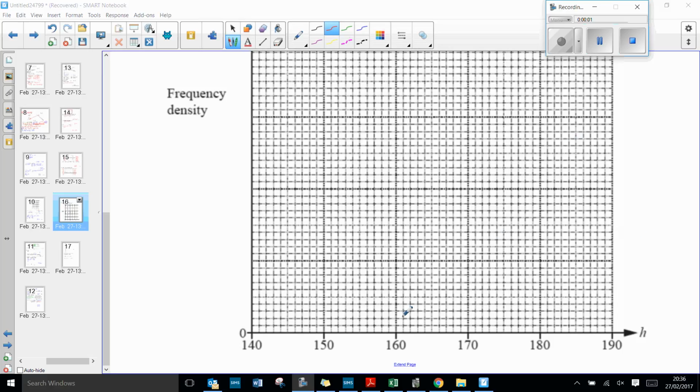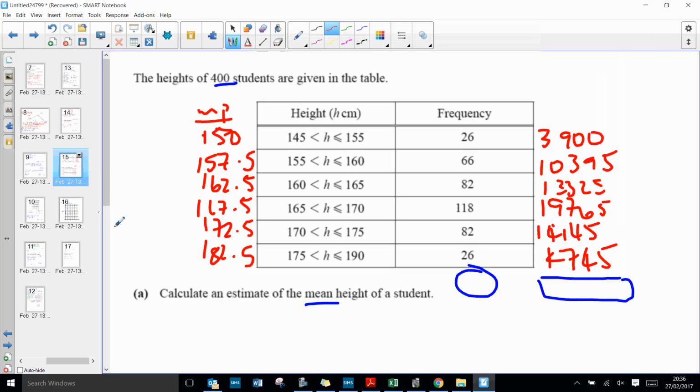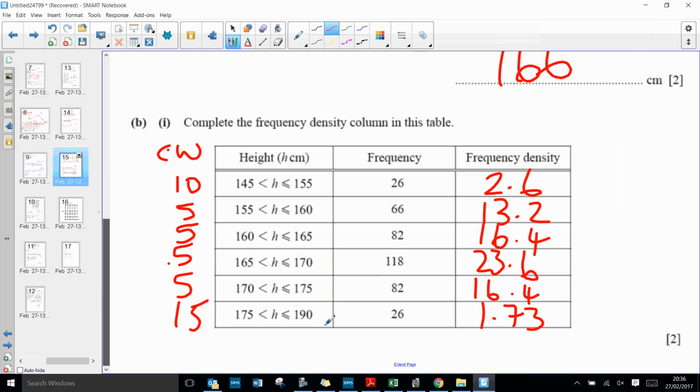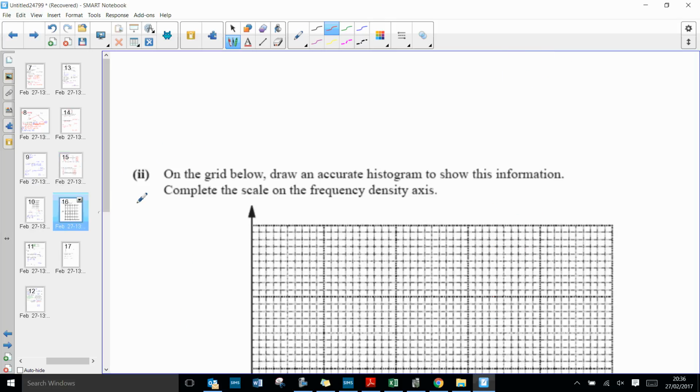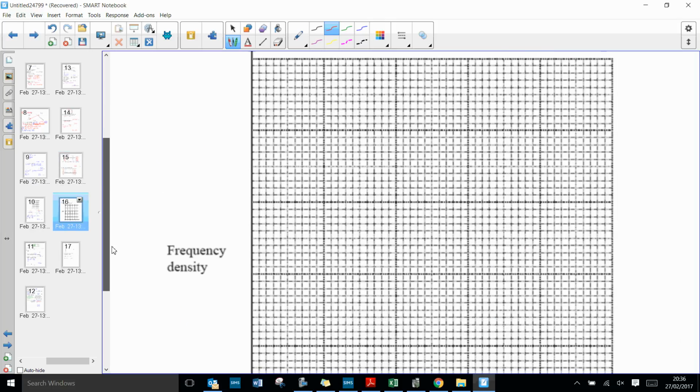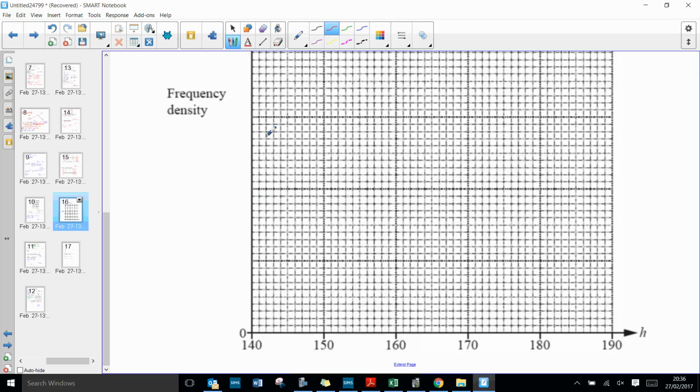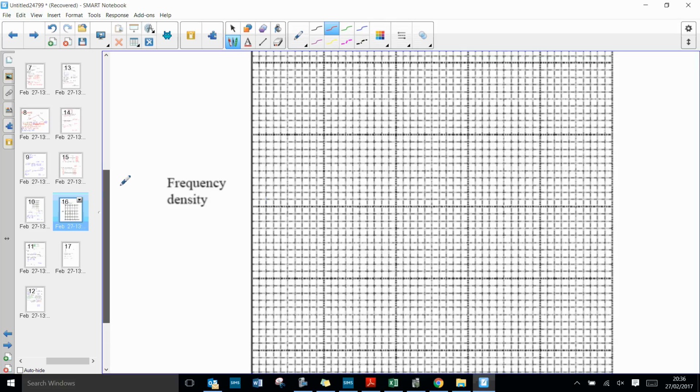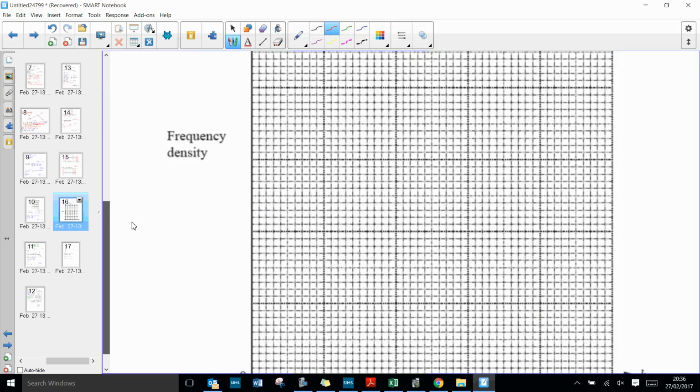Home stretch. Right, so we have our frequency density, and that goes up to 23.6. So we need to use a sensible scale. I would probably take this as every 5.